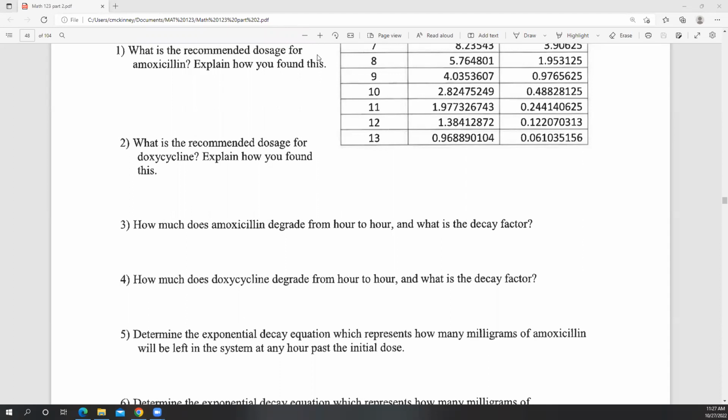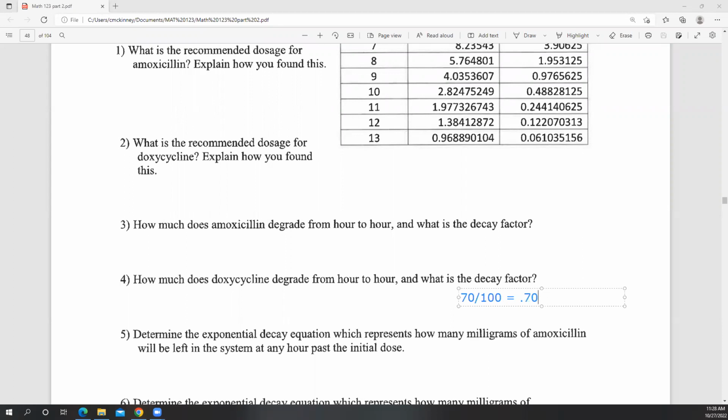Even though it asks you one question first and the other second, I could find the decay factor. Remember how we can find the decay factor: I could do 70 divided by 100. This would be the decay factor, 0.7.